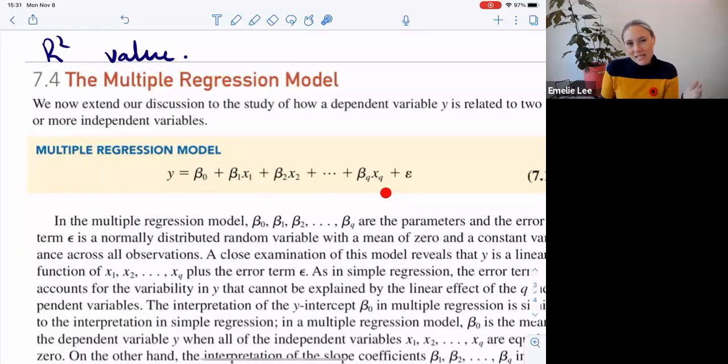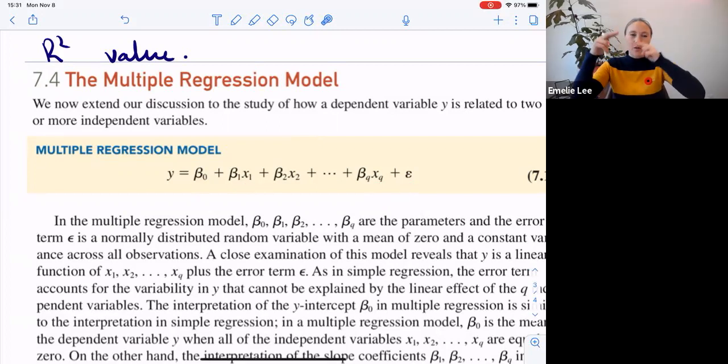But the idea stays the same. It's hard for us to imagine, right? Q x's, I can't do it. But so we have some intercept, we have some slopes that are associated with each of the x's, and then we have some error term that's just always going to be there, right?